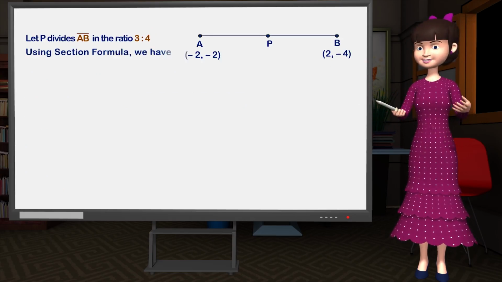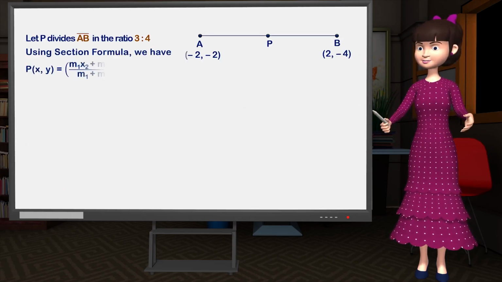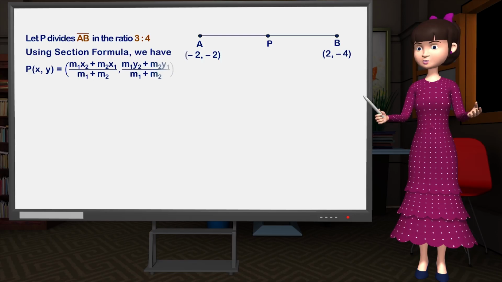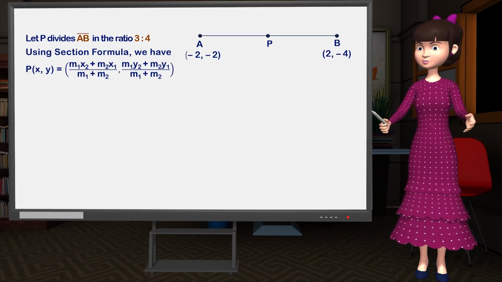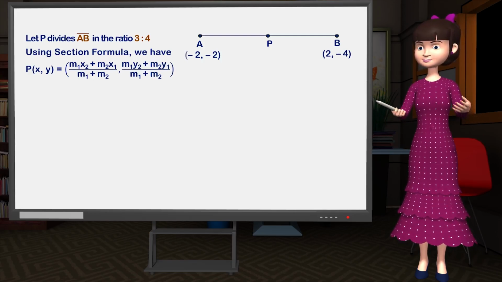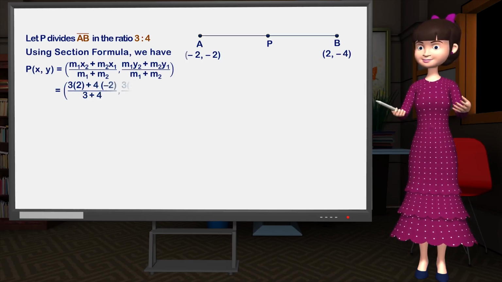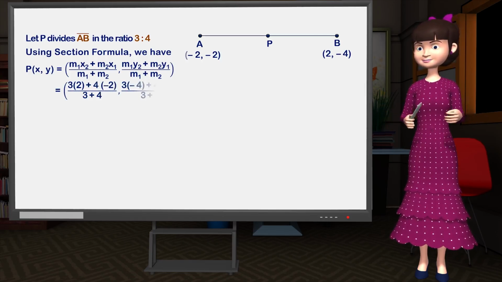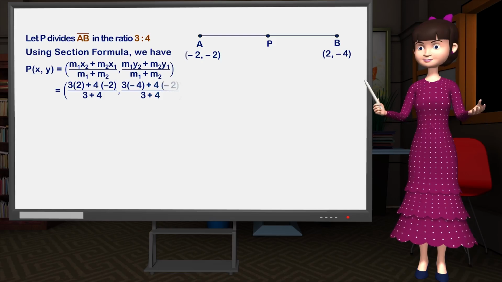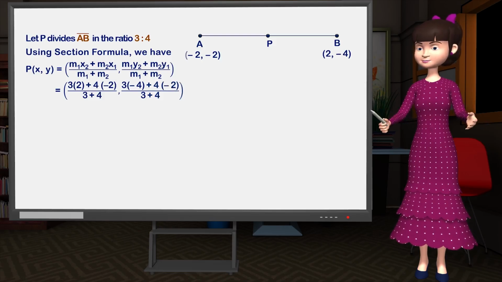Using the section formula, we have P(x, y) is equal to (m1 x2 plus m2 x1)/(m1 plus m2), (m1 y2 plus m2 y1)/(m1 plus m2), which is (3(2) plus 4(-2))/(3 plus 4), (3(-4) plus 4(-2))/(3 plus 4).